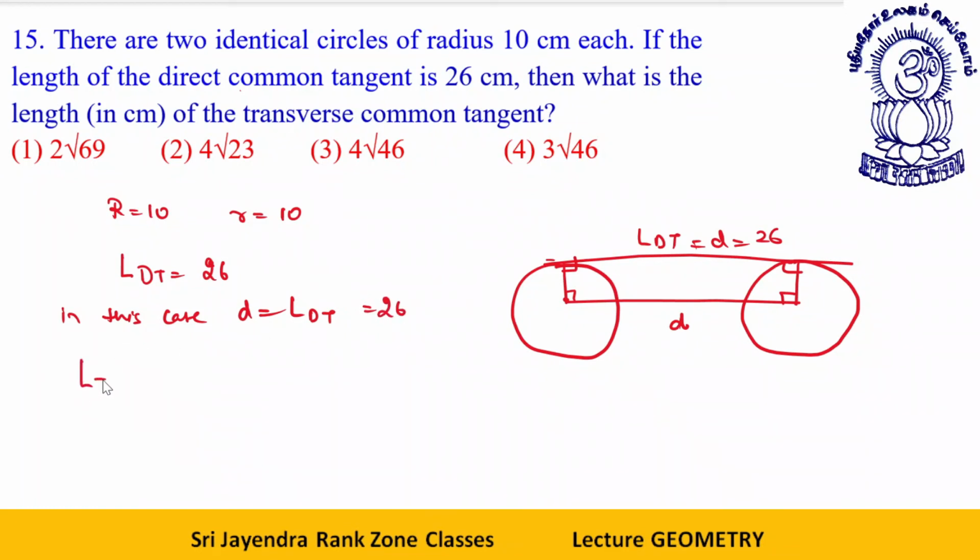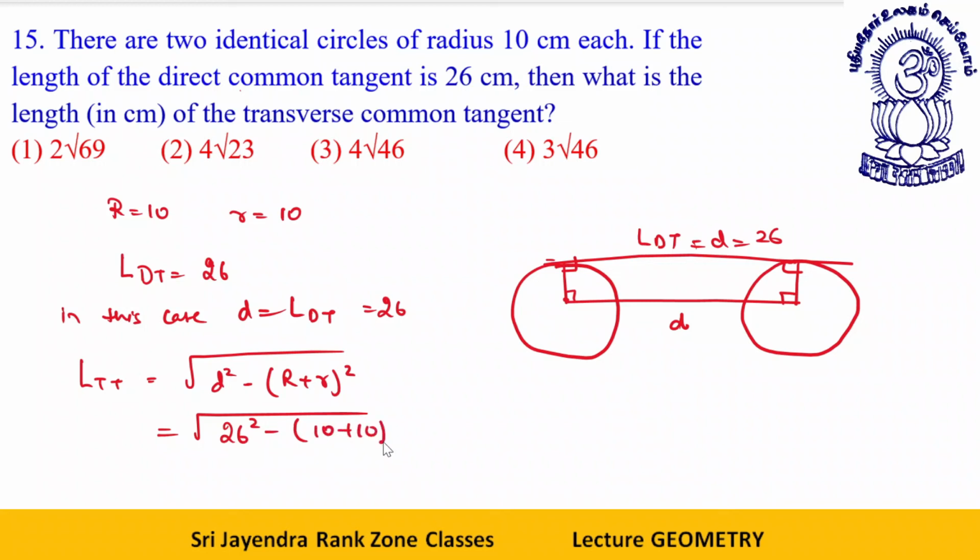You have to determine the length of transverse common tangent. That will be L square, that will be D square minus (R plus R) square, or you can say 26 square minus (10 plus 10) square.